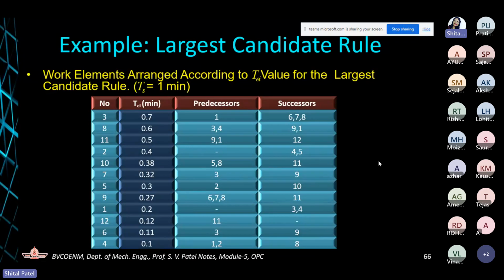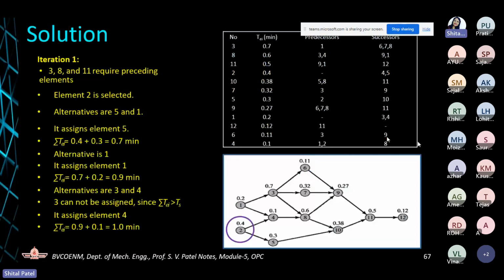In your examination, there is no need to make the network diagram again and again. For your clarity I have mentioned it on each slide, but it is not mandatory. Once you have constructed your network diagram, you make the workstations from it as per requirement. In this table, you just need to cancel the activity which has already been allocated.